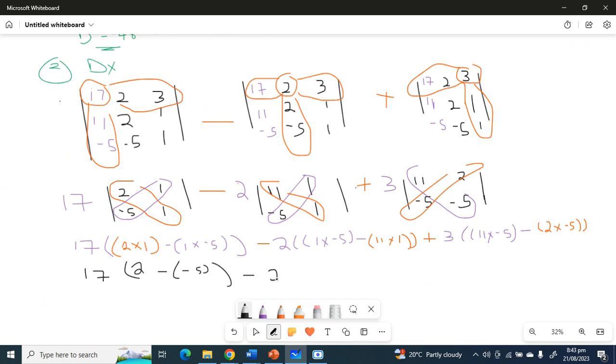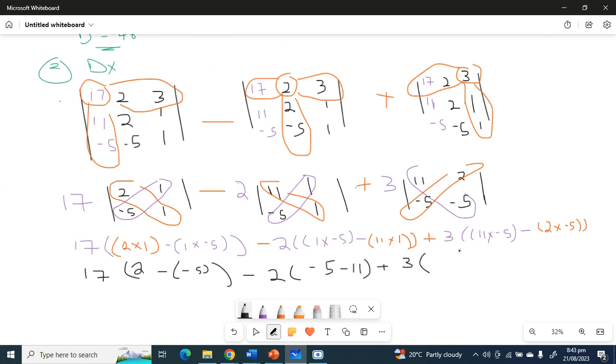Minus, then we have 2 here, open brackets, 1 times negative 5, that is negative 5, minus 11 times 1, that is 11, plus 3, right?